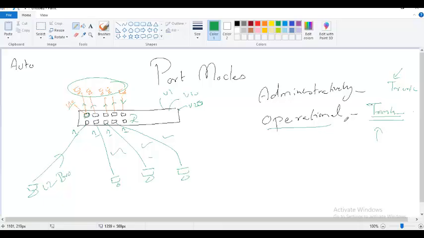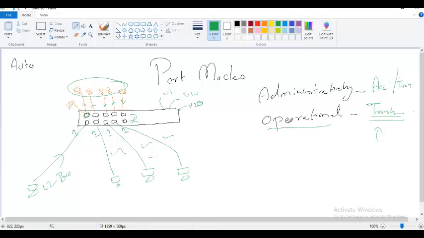Now, if the administrator doesn't put any, it means auto. What does that auto mean? It can be an access or it can be a trunk. That port is ready to be an access or a trunk.